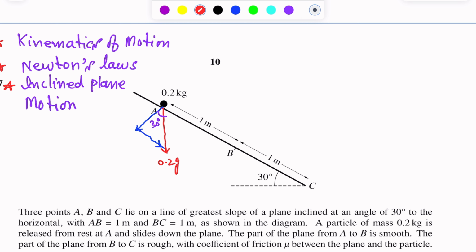This is the normal reaction, represented by R. So the components are: this component is mg sine 30 along the plane, and this component will be mg cos 30.